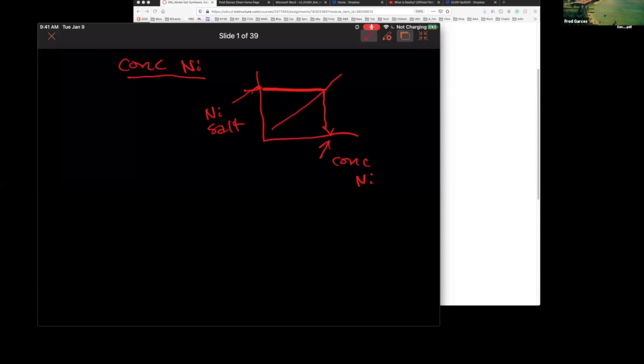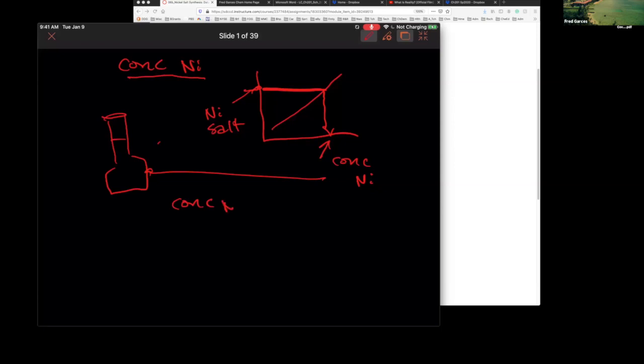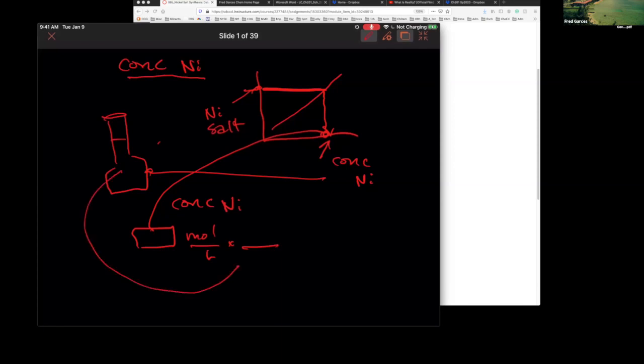Remember that the concentration of the nickel is the concentration in this volumetric flask. If you take the concentration of your nickel, which is moles per liter, and you multiply by the volume of this flask, and let's say that that flask was about 25 milliliters, then that'll give you the moles of the nickel.